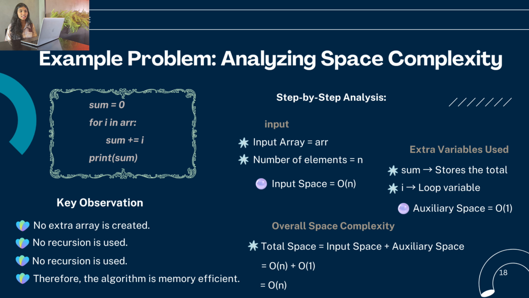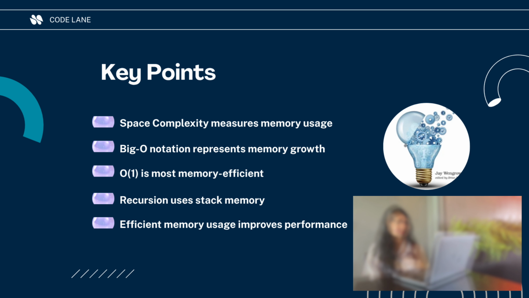Since this variable occupies a constant amount of memory, auxiliary space is O(1). Therefore, input space is O(n), auxiliary space is O(1), and the overall space complexity is O(n). This example demonstrates how we analyze memory requirements in practice.